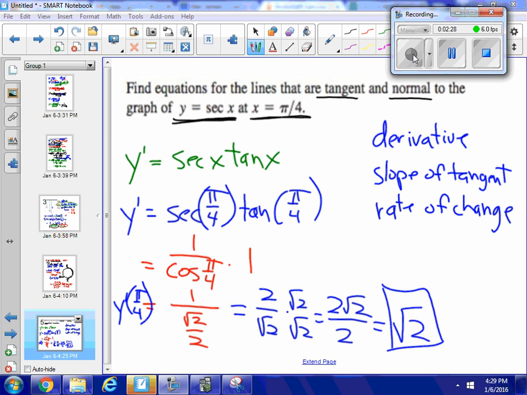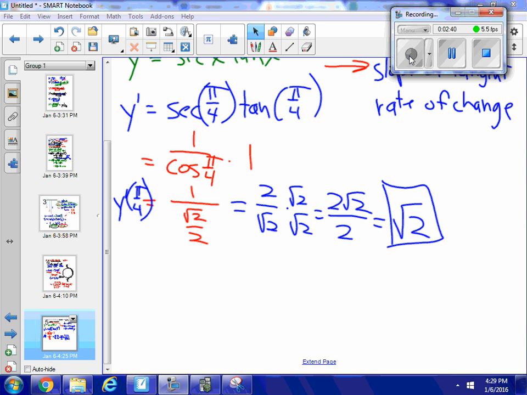That is the slope of the tangent line for the function secant x. So the point that I'm going to be dealing with has x value pi over 4, and my y value is radical 2.